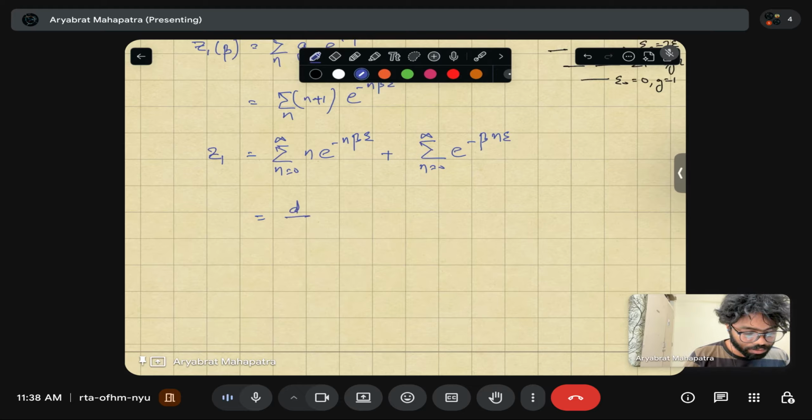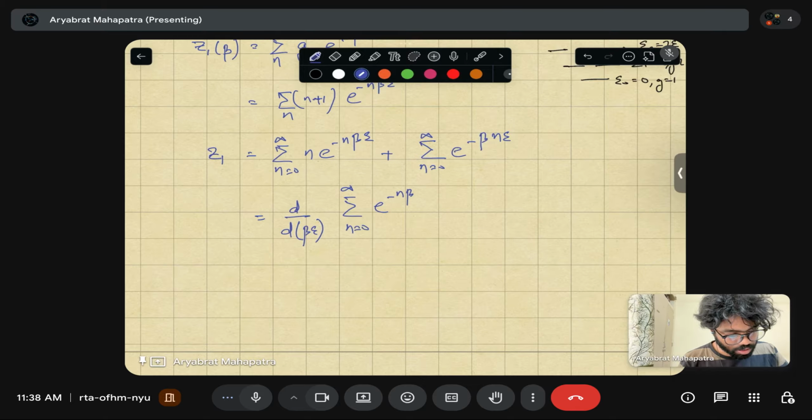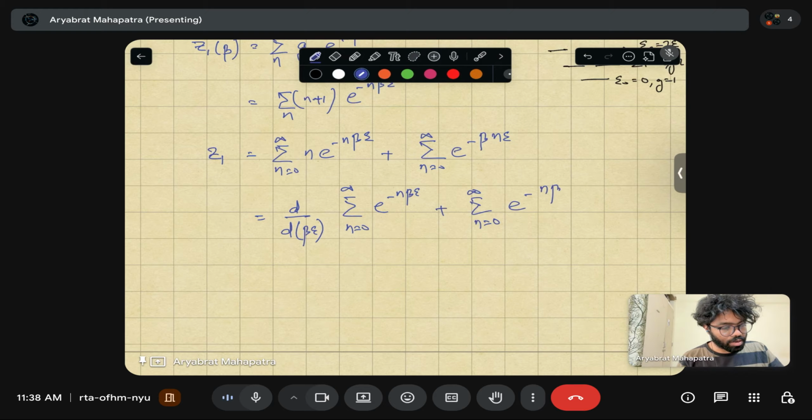I can write it as the derivative with respect to beta epsilon of the sum over n to infinity of exponential negative n beta epsilon, and then the second usual term, n equals 0 to infinity, n beta epsilon.